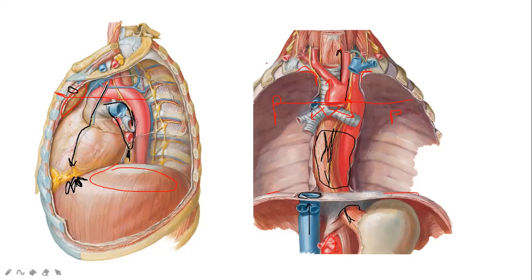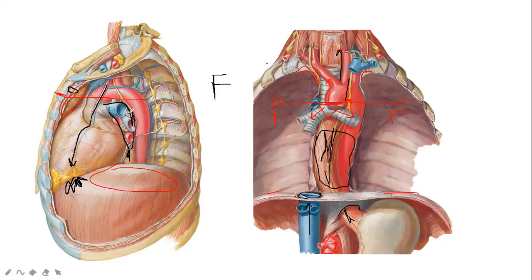If they ask you whether the vagus nerve passes anteriorly to the hilum or root of the lung, you boldly say it's false. Why? Because the vagus nerve follows the esophagus, and the esophagus is posterior. So the vagus nerve passes posterior to the root of the lung.